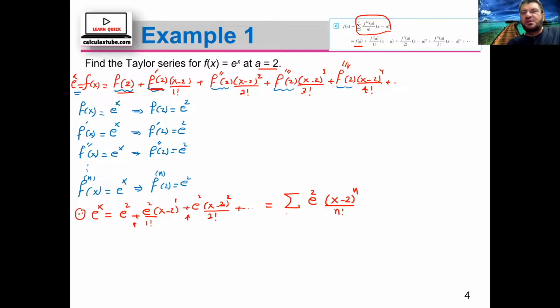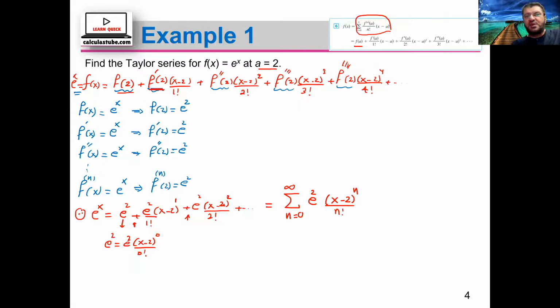Of course, now n starts from where? N starts from 0 all the way to infinity. Why 0? Because the first term, if you noticed, is only e squared. How can I write e squared? Isn't e squared equal to e squared times x minus 2 to the power 0 over 0 factorial? Because anything to the power of 0 is 1.